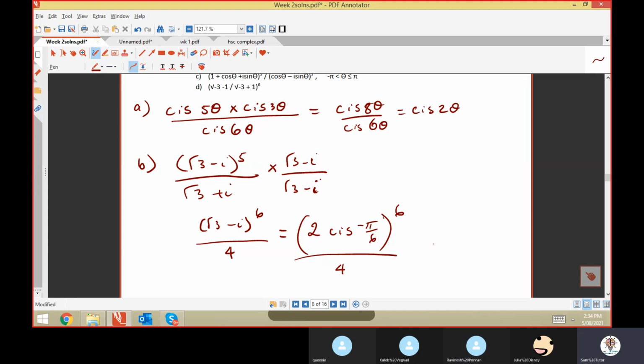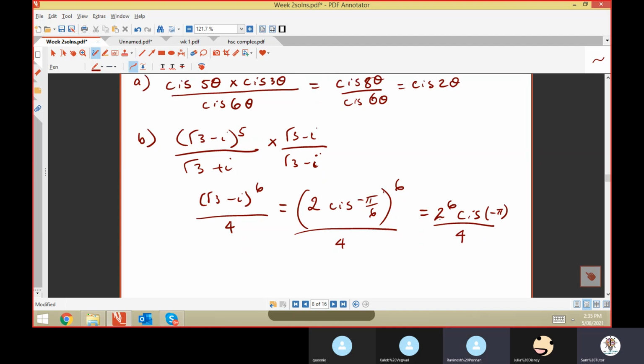All right, cool. All right, Rav, what about now then? What can you do? Well, the modulus has to still be to the power of 6. That's not an angle. But then cis, what? Six times this, negative pi on 6.